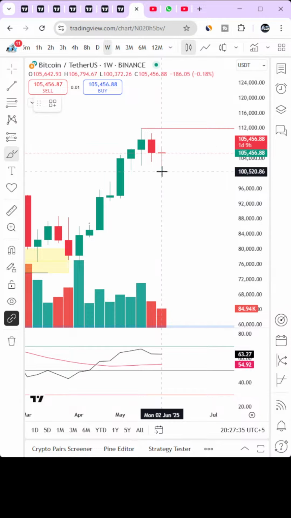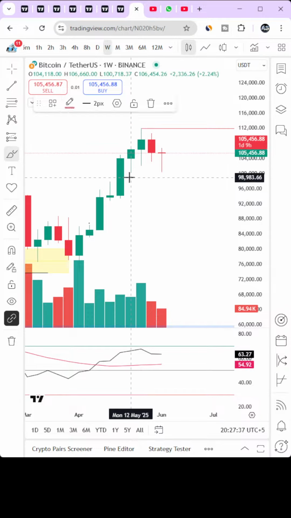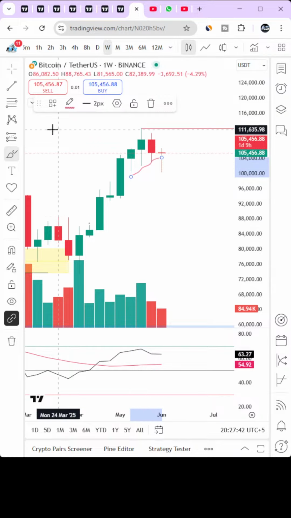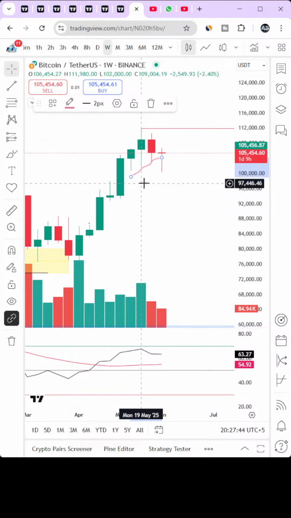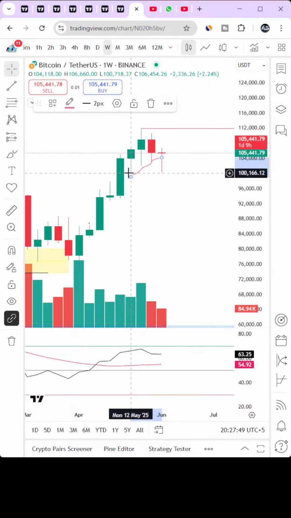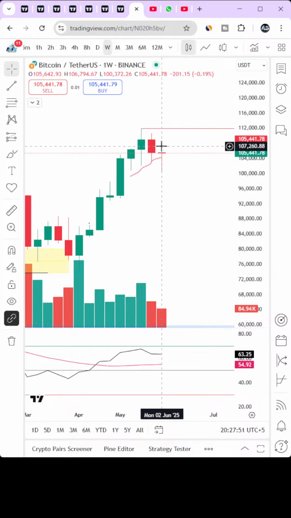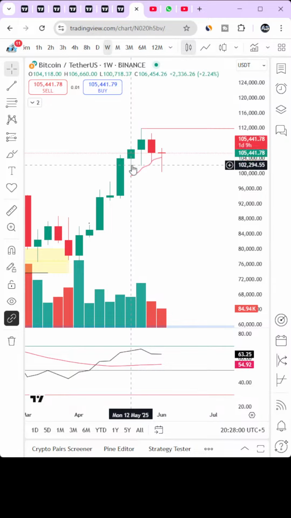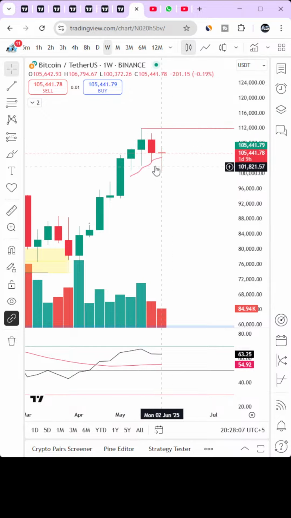This selling candle has grabbed the previous week's buyers' liquidity. This week's candle, which is currently running, is taking the 3 weeks buy side liquidity. You can see clearly.